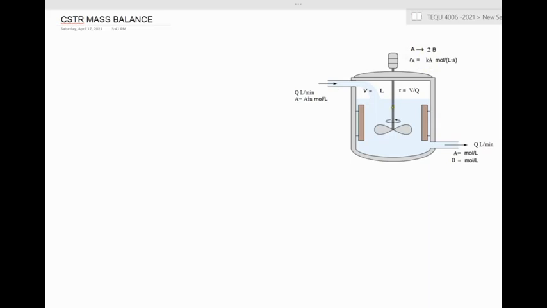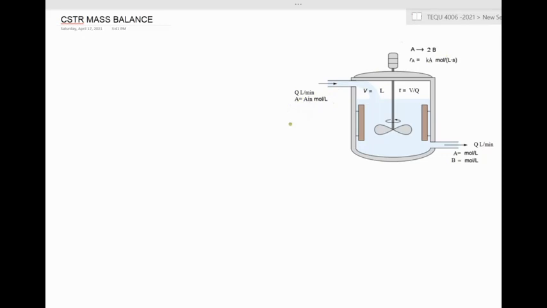Now, a CSTR has an input flow rate getting in, and a flow rate coming out. In order to keep the volume at the same level, flow in and flow out must be the same. You can have a concentration of A getting in at a given constant number, moles per liter, and there's no B. The entrance of B into this reactor is zero, though it could be any number as well.